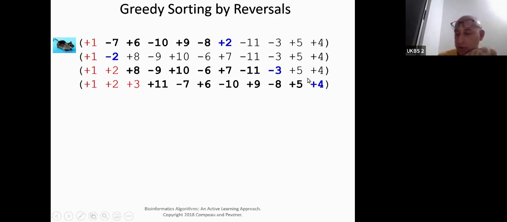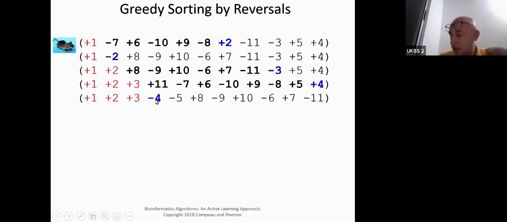This is plus 4. As a consequence, I want to put it here, beside 3. And I have 1, 2, 3, minus 4, minus 5, plus 8, minus 9, plus 10, minus 6, plus 7, minus 11.